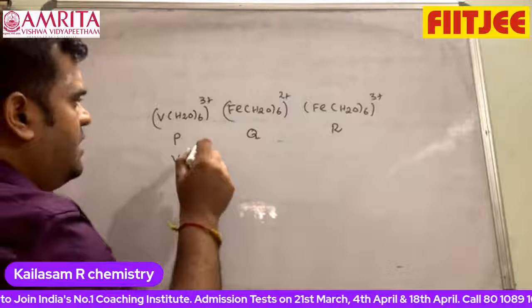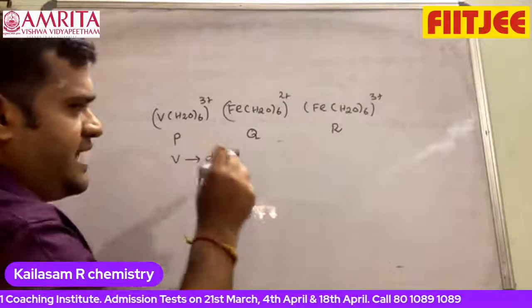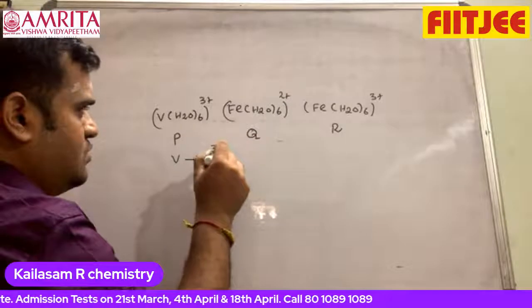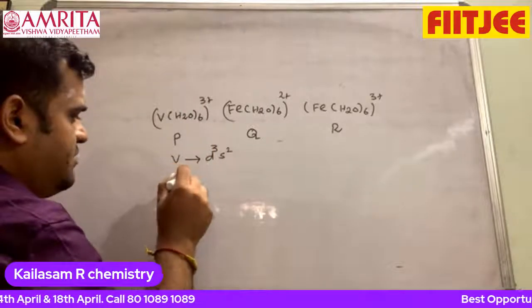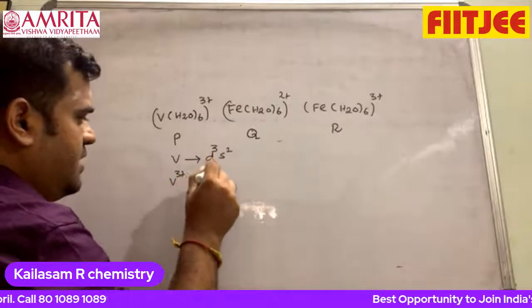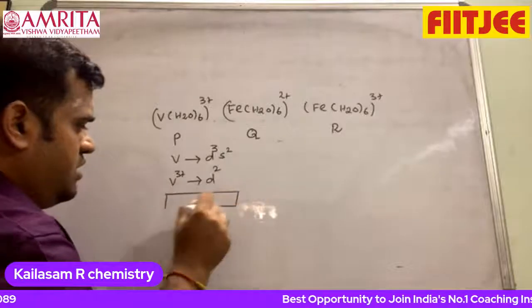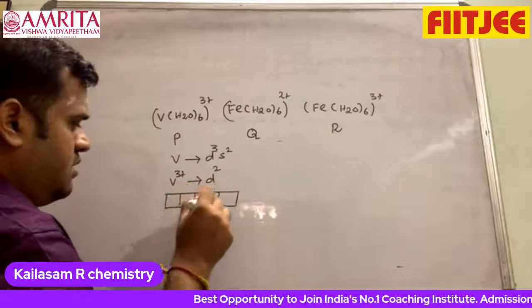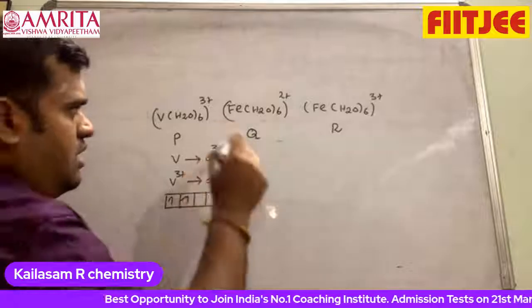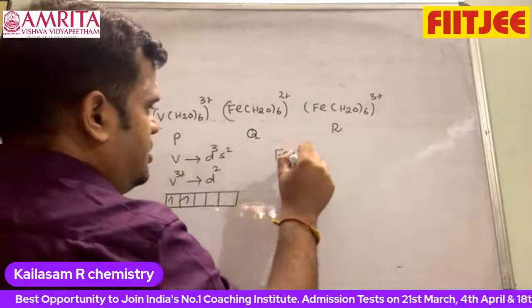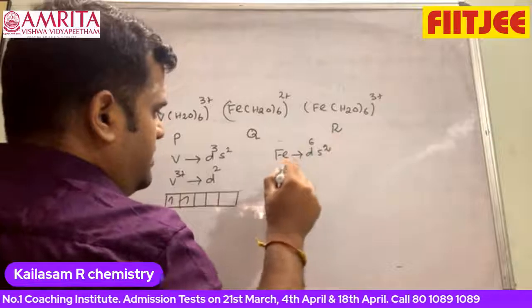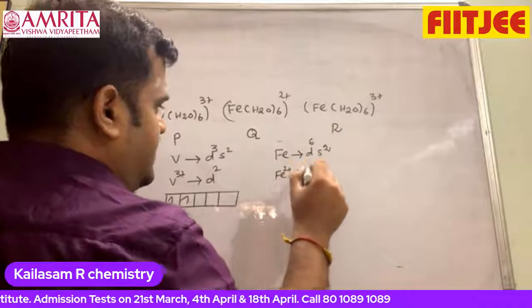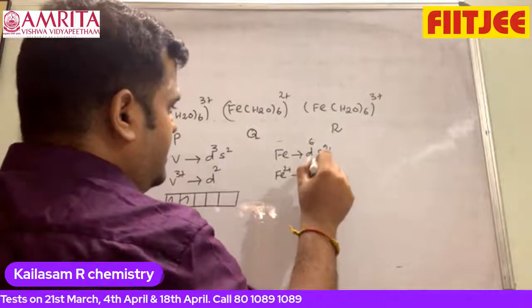Vanadium is, going as scandium, titanium, vanadium, 3d3 4s2. Now what we can say, vanadium 3+ would be in the d2 state. d2 means what? It's like this only. That's all. Now iron is 3d6 4s2. Here Fe2+ we can say is d6.